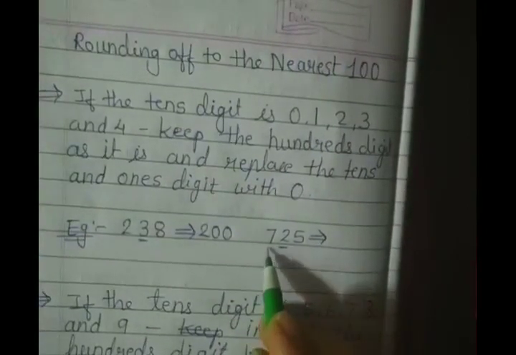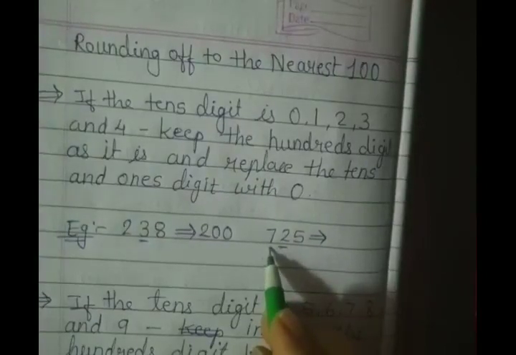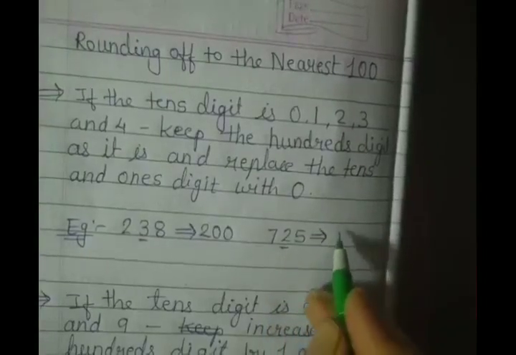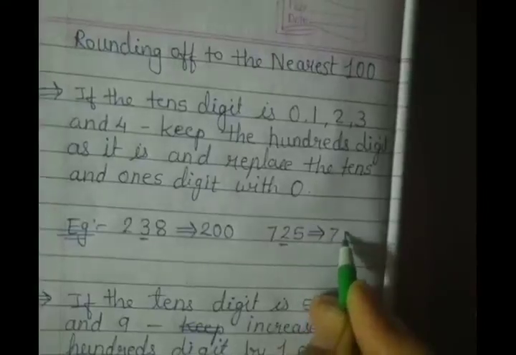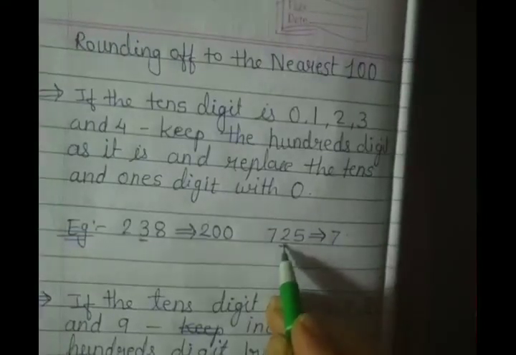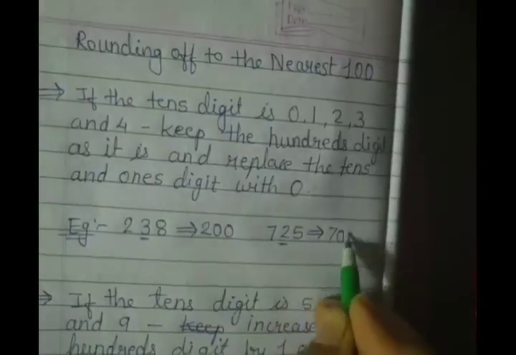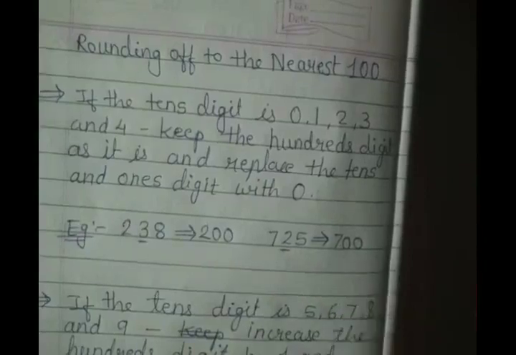So we're not going to change the hundreds digit. We will keep the hundreds digit as it is. So write down 7 as it is and replace tens and ones place by 0. So it will be 700.